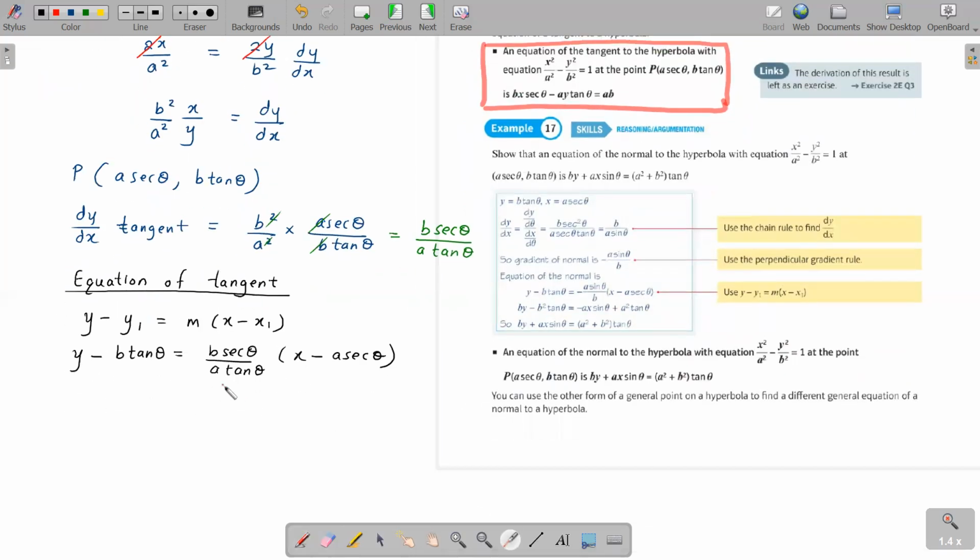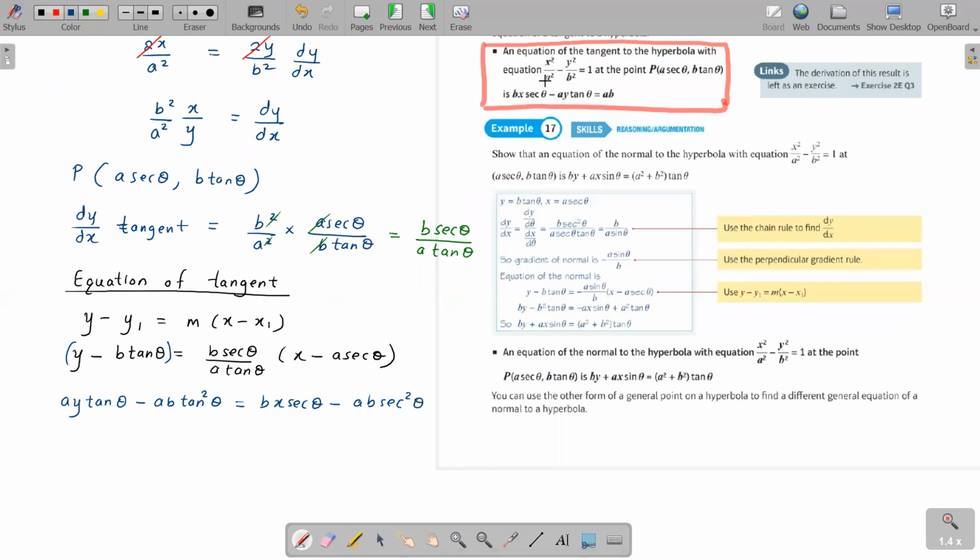So then I'm going to take the a tan theta and do it in one step, where the a tan theta multiplies with the whole side. a tan theta into y is ay tan theta. Do you agree? ab tan into tan is tan square theta. This is bx sec theta minus ab sec square theta.